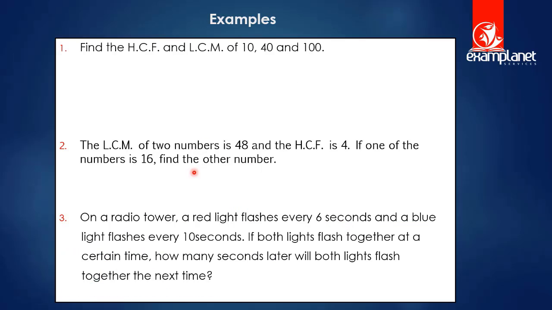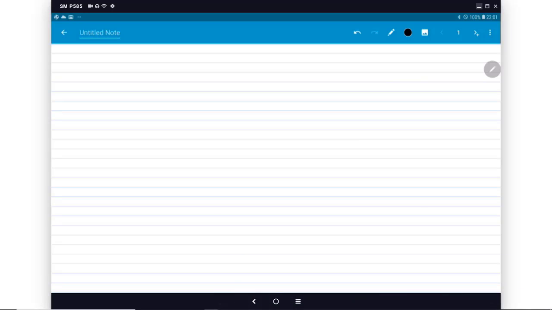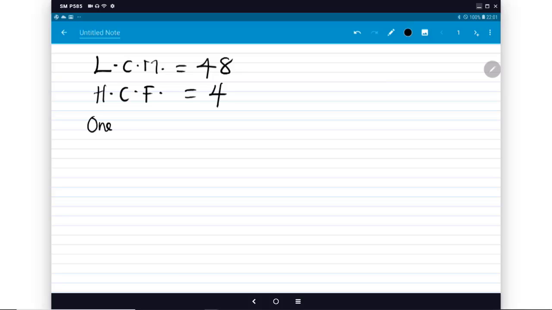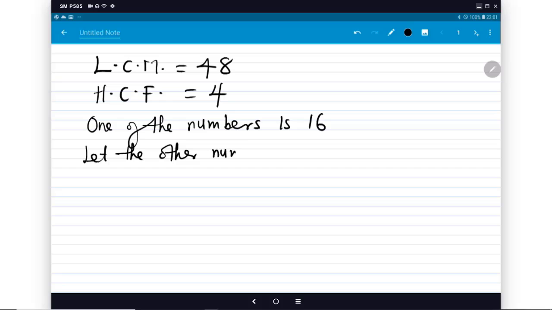So now from our question, we have the LCM equal to 48. We have HCF equal to 4. And the question says one of the numbers is 16. So let the other number be x.